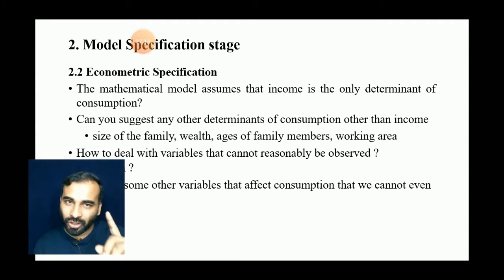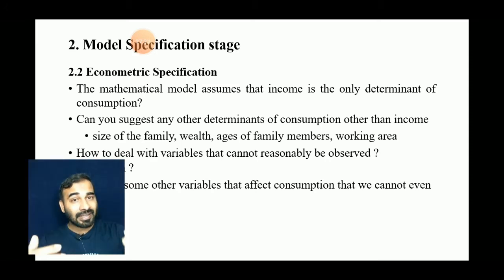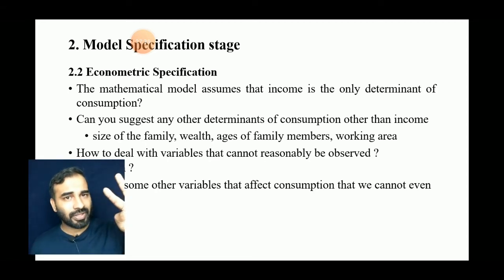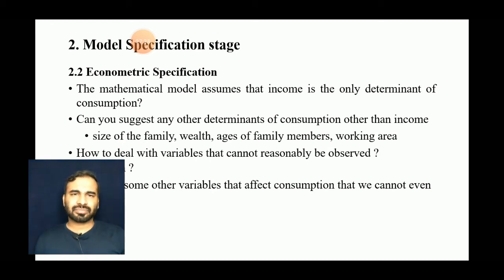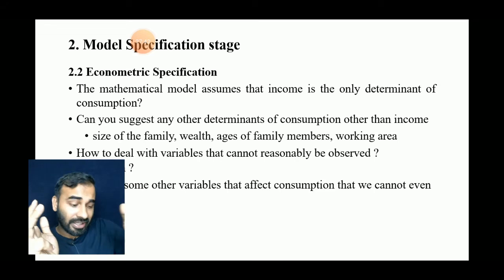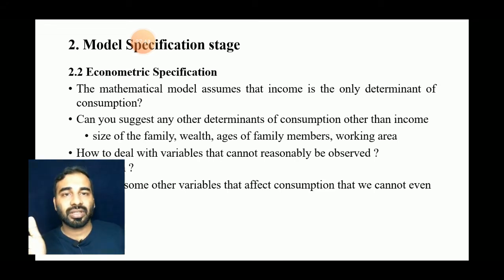But it is not only income. There are other factors, and some factors that we cannot list out, such as why we have different tastes. So we have three problems here. One is that there are some other factors that we are not including in this equation.